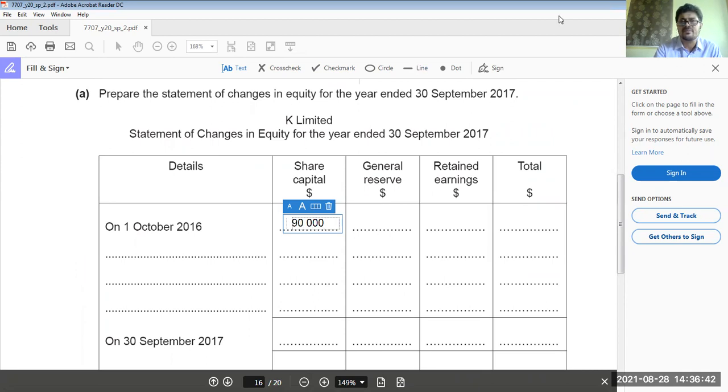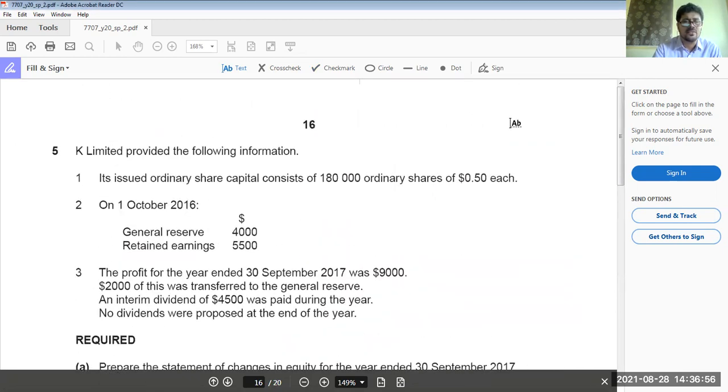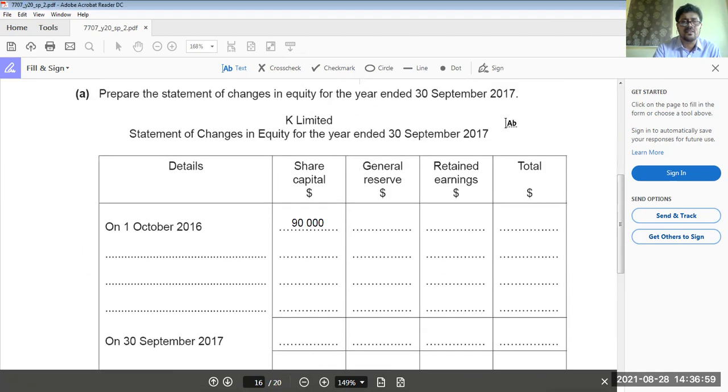Done. Now, what we have to do: general reserve is how much? 4,000 and retained earnings 5,500. This is 4,000 and this is 5,500. The total is 99,500. Okay. What happened?